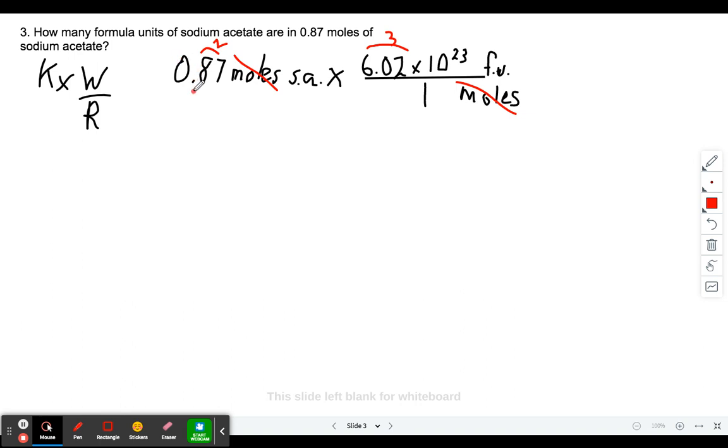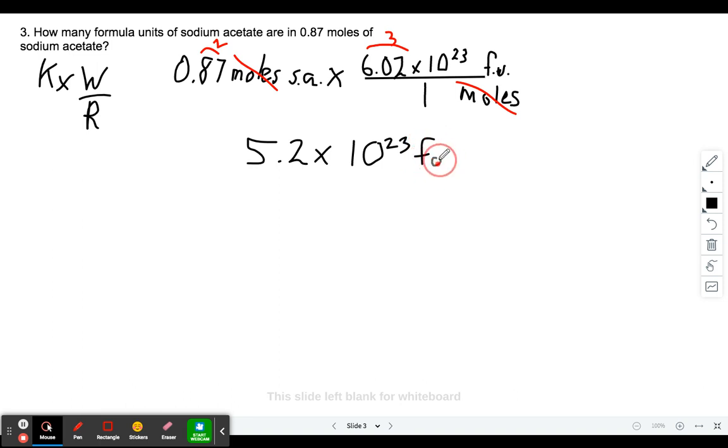So I had 5.23, so it's going to round off to 5.2. So 5.2. Okay, so I just have 5.2. And 10 to the 23rd doesn't have anything to multiply with, so it just stays the same. And this is going to be in formula units.